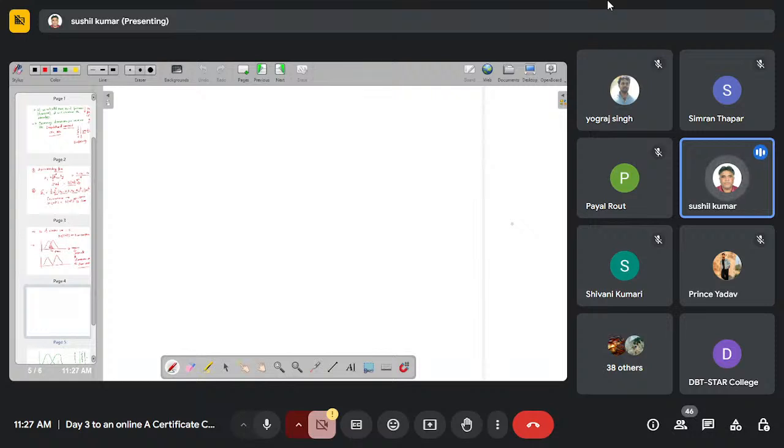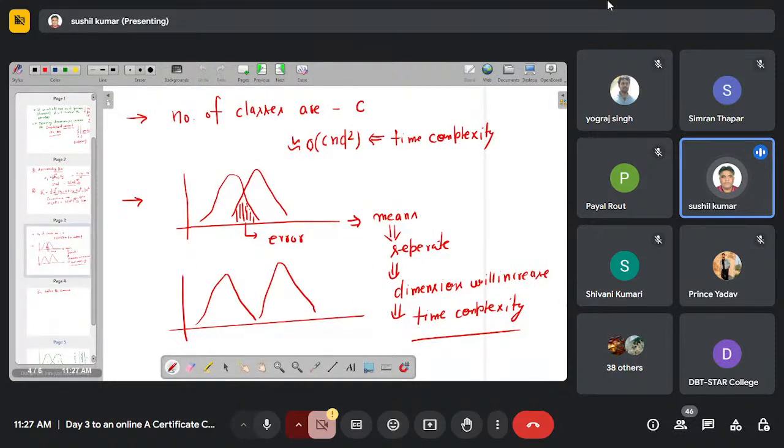So what we will do here, I'm writing one statement: reduce the dimension. Feature vectors will be same. You will take more number of features. One more thing I forgot to tell you here. This case is called the curse of dimensionality.